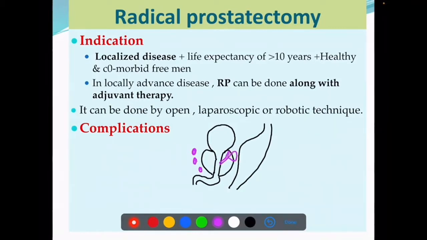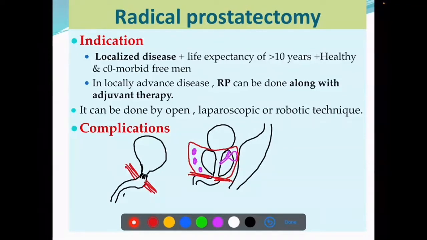Okay, so we remove the prostate, including the prostatic urethra, pelvic nodes, surrounding fat, and seminal vesicles. So these are removed. After removing the organ, what we do is stitch the bladder neck to the bulbar urethra. Stitch it here. Okay, fine. Sphincter intact.